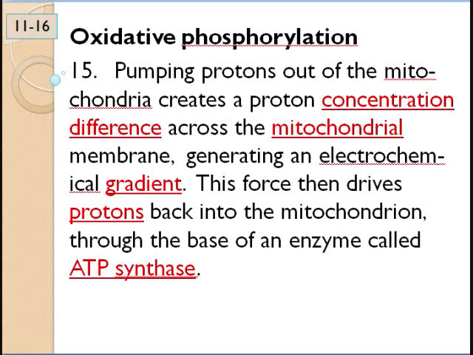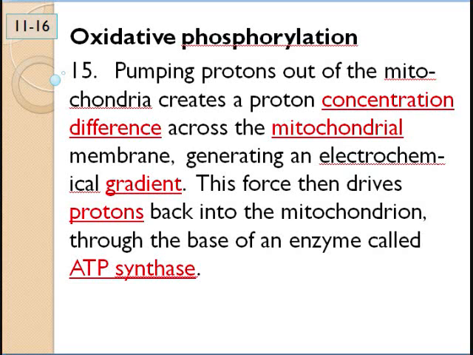So the gradient is, okay, if I got a bottle of perfume and open the lid, will the smell go in or come out? It'll come out, because there's more inside there than out here. And where there's more, it's going to diffuse out.